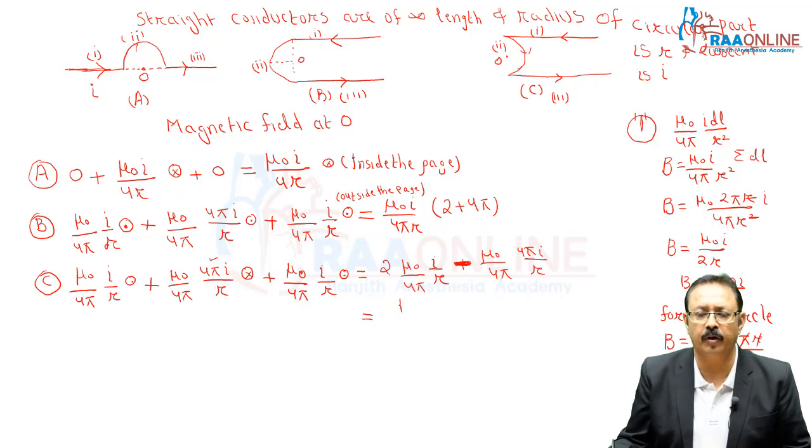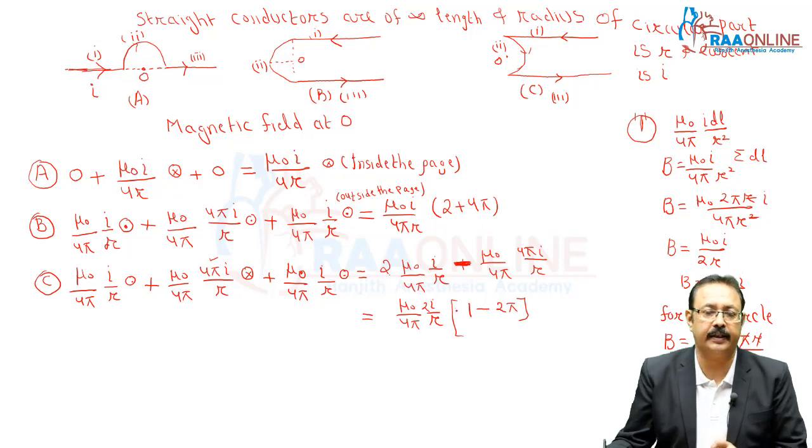Take mu naught upon 4 pi I by r common. You can take 2 also common. So what will you get? 1 minus 2 pi. Direction is inside.